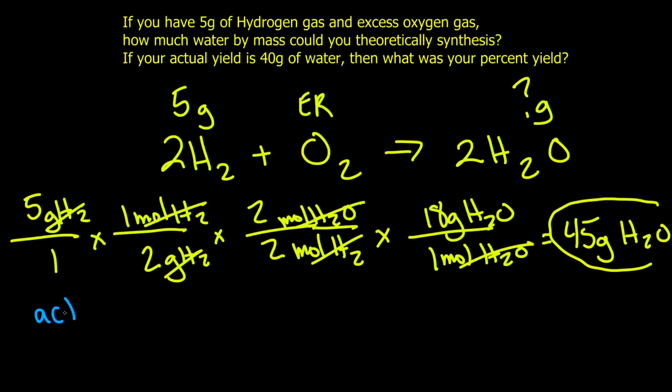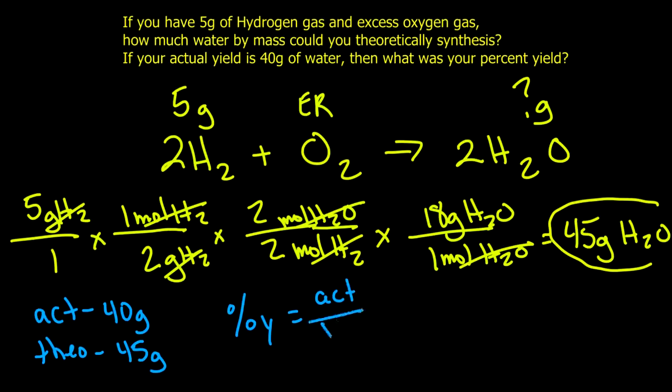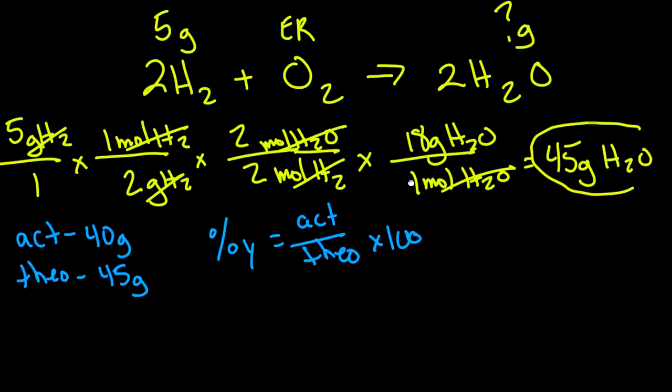The actual amount we produced, our problem says, is 40 grams. Our theoretical amount that we calculated was 45 grams. So what's percent yield? Percent yield is equal to the actual over the theoretical times 100. Slide down a little bit so I have room to work.